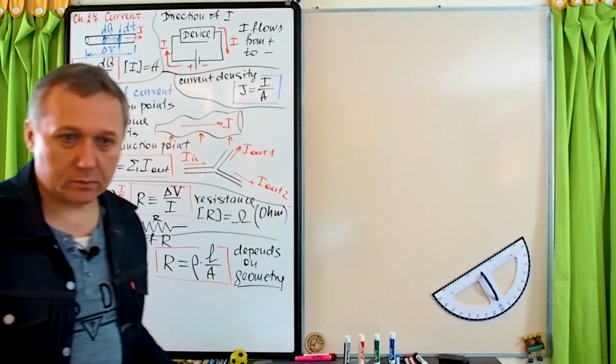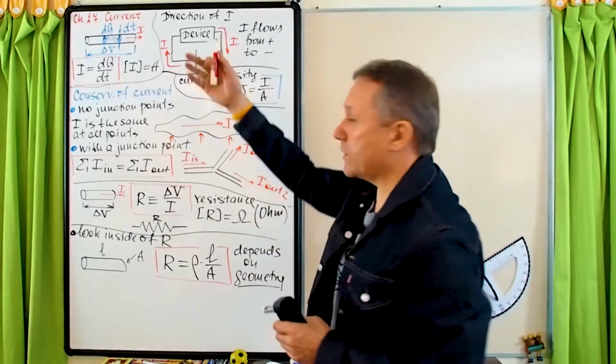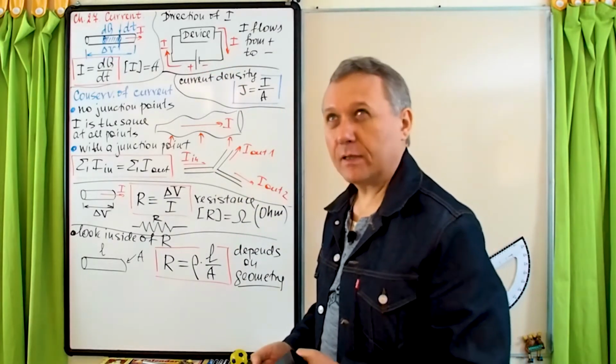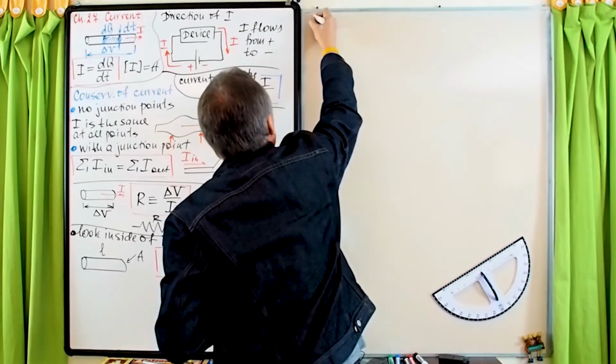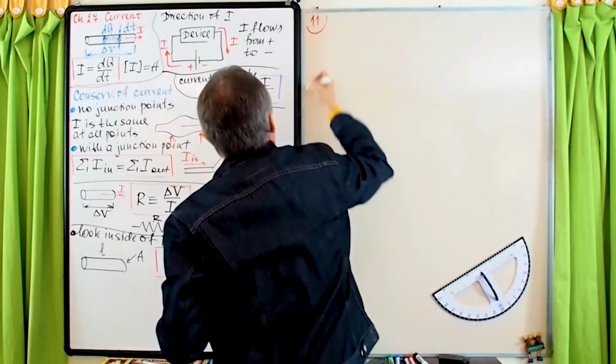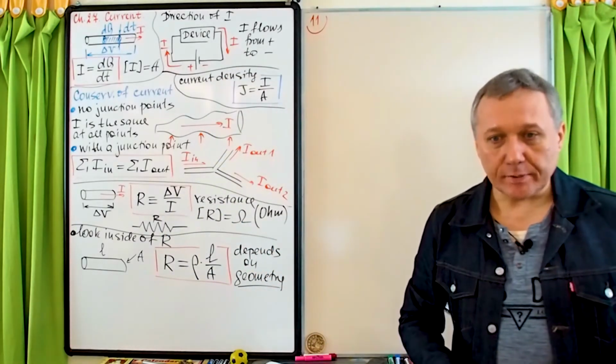So first one, chapter 27, problem 11. It sounds like 7-Eleven, right? So what we have here, an integrated circuit is given.